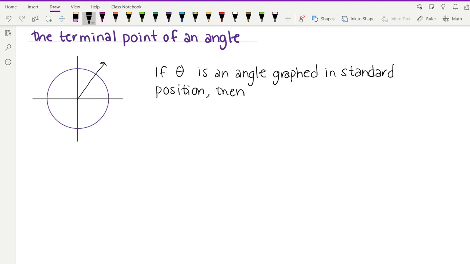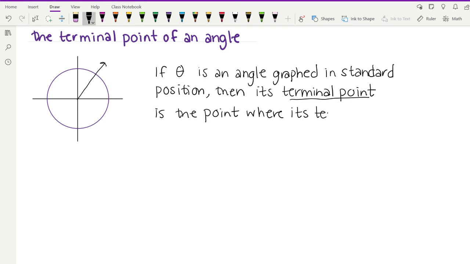So if you have your angle graphed in standard position, then its terminal point is the point where its terminal side intersects the unit circle.